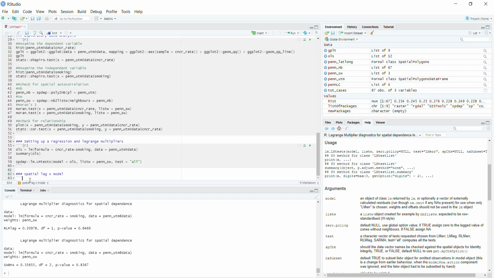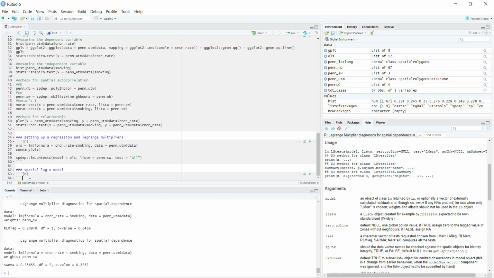So, as we've talked about in the lecture videos, the spatially lagged X model is basically an approach of saying, hey, we think that not only do my changes to the independent variable affect my dependent variable, but also what my neighbors are doing to their independent variables will affect my dependent variable.